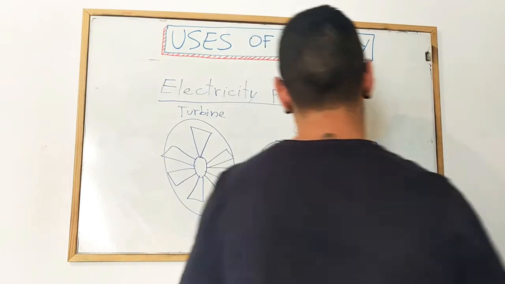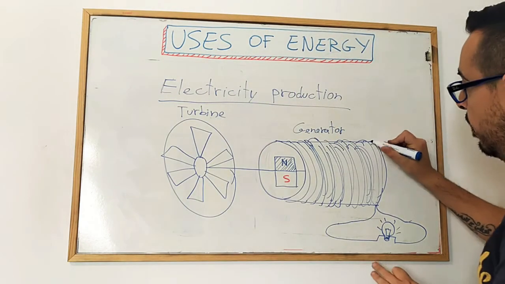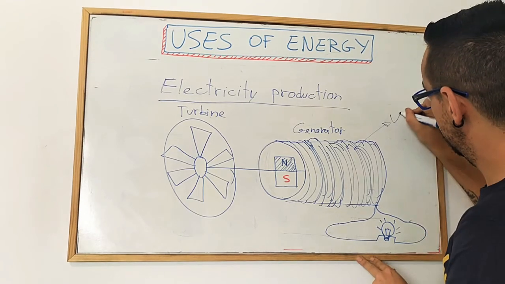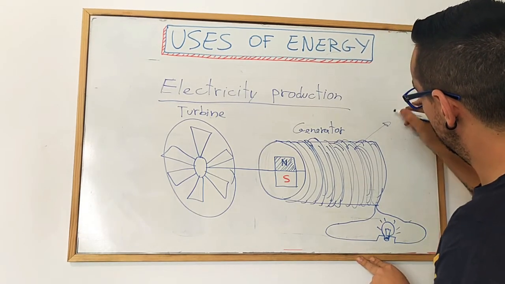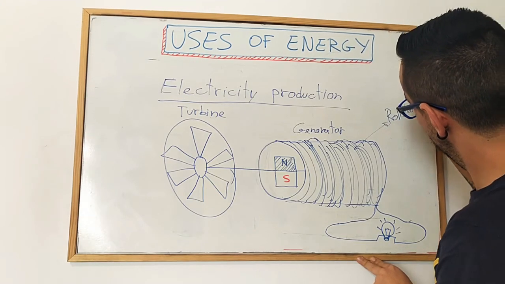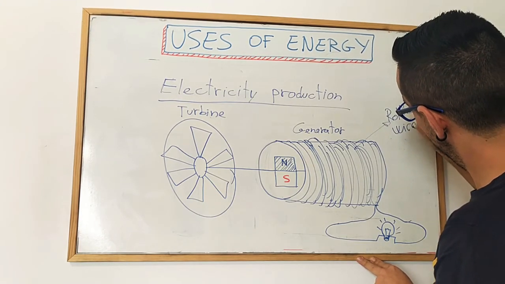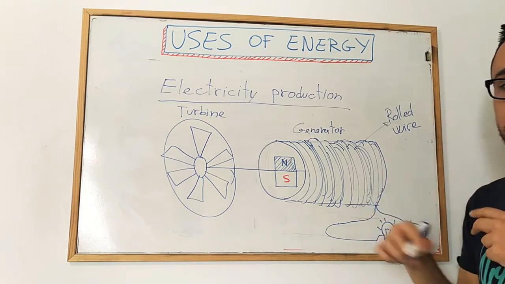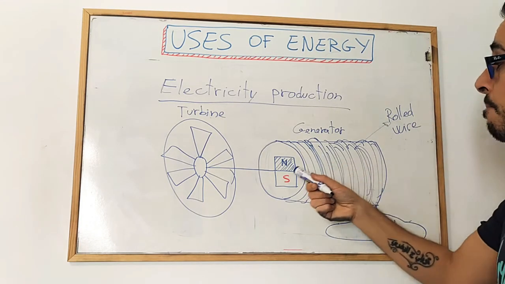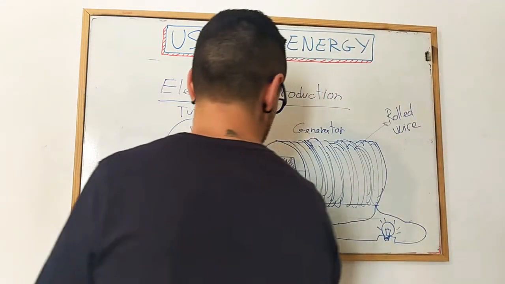The generator is made of a wire, a rolled wire, un cable enrollado, una bobina, okay, and a magnet.